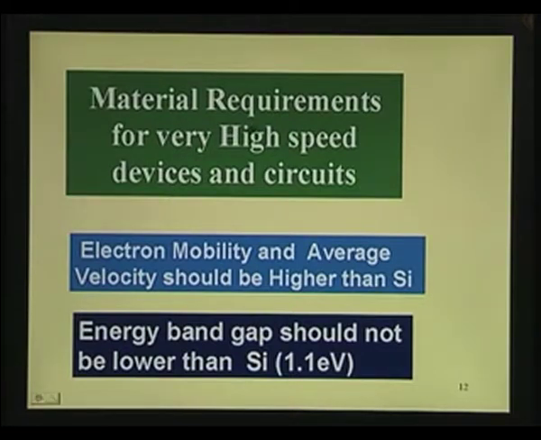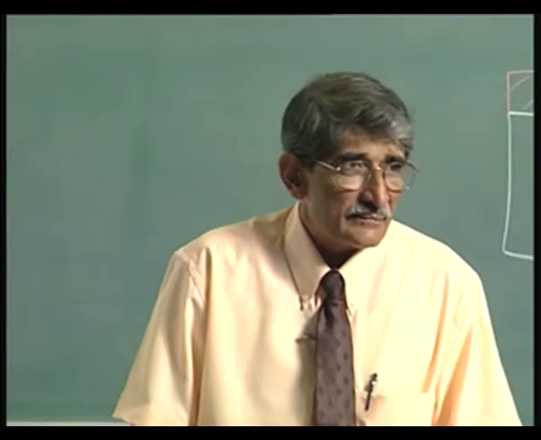So, material requirements for high speed devices and circuits. Requirement is very clear. Electron mobility and average velocity therefore should be high and should be higher than silicon. You can't buy anything which has velocity or mobility lower than that of silicon. On the same count, you cannot choose any material arbitrarily.